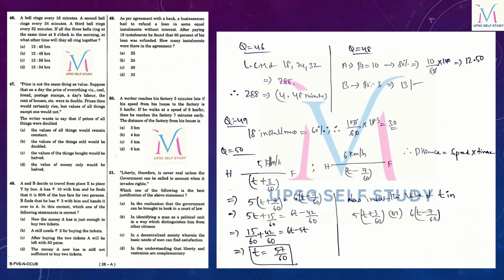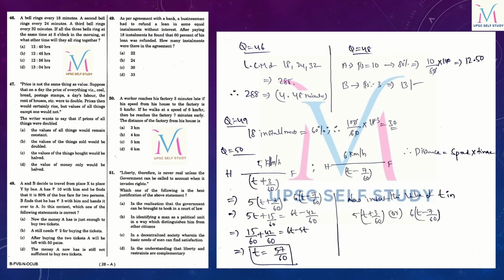So now if we calculate, I hope you understood the solution. Now t is equal to 57 by 60. By solving, t is equal to 57 by 60. This is the time. Now insert this t in either 5 into t plus 3 by 60 or 6 into t minus 7 by 60.